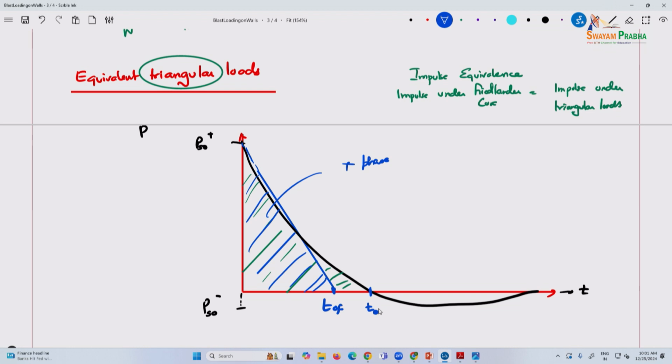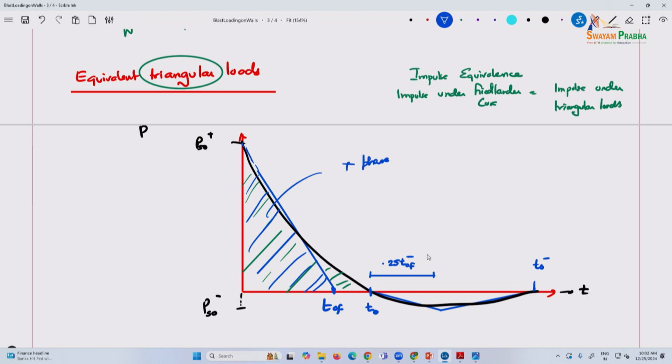Then you also have TO minus, and now you have the negative impulse also. The negative impulse is broken down into two triangles. One is considered to be 0.25 TOF minus, and the rest of it is out there.